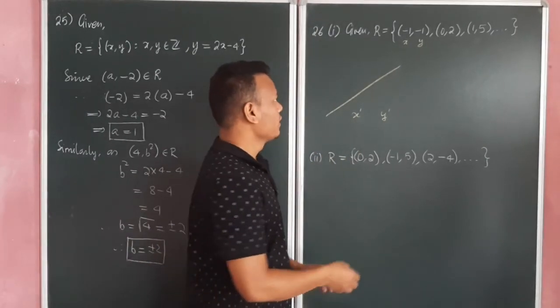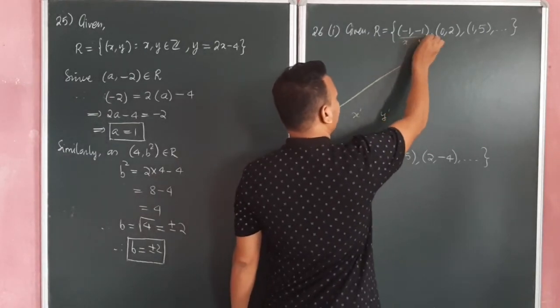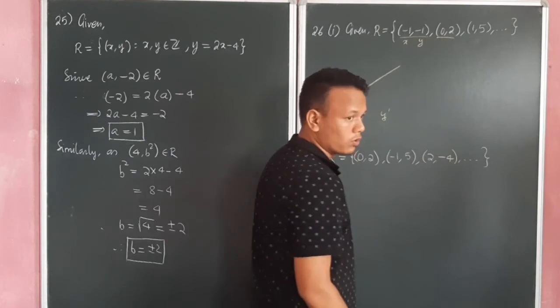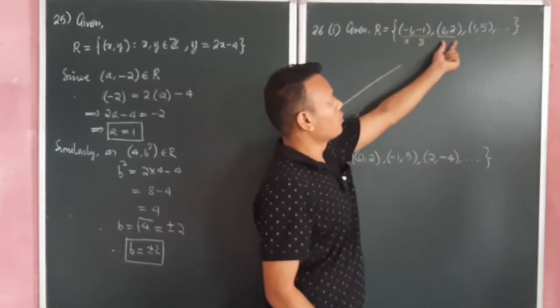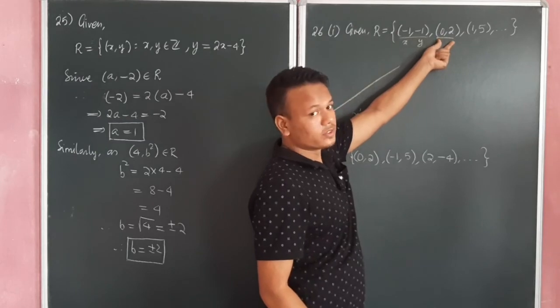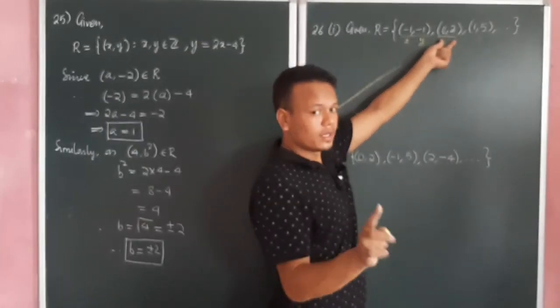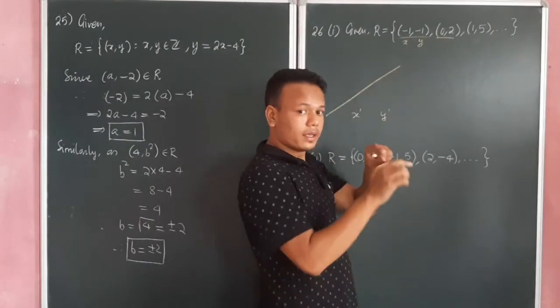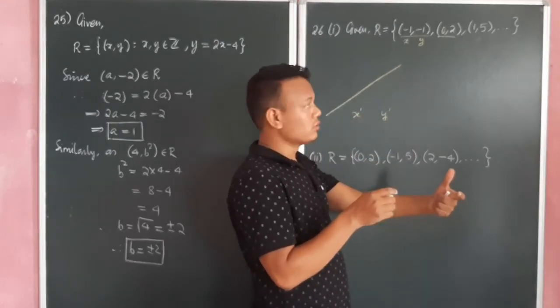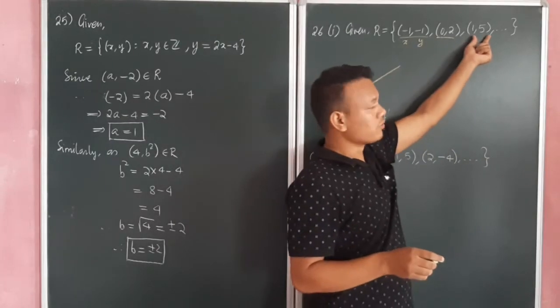So basically this ordered pair is acting like a coordinate for you and this is also acting like a coordinate for you. So you have x1 y1, you have x2 y2. Use these two and find the equation of that line. That will give you a linear relationship. Now after finding the relation, you have to verify this as well.